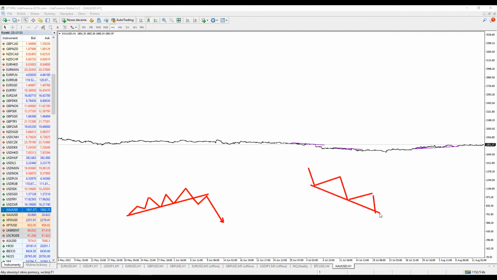We are making lower lows, lower highs, and once the market is going higher, retest, continuation to the upside. It could be trend line, it could be trend channel, right? But usually the most common, that's what the people are talking mostly about, is the line break and follow the break, channel break, follow the break.